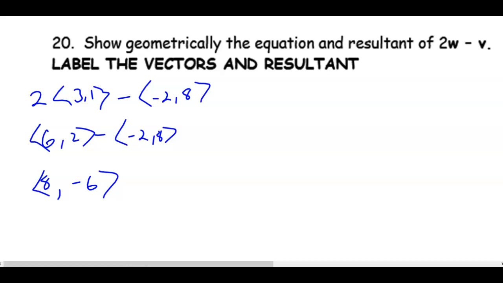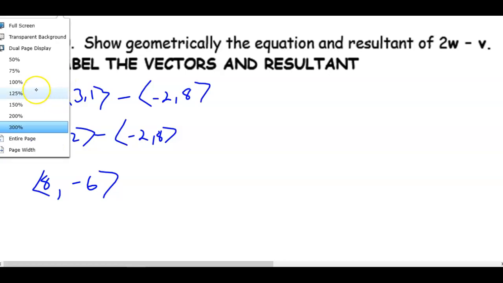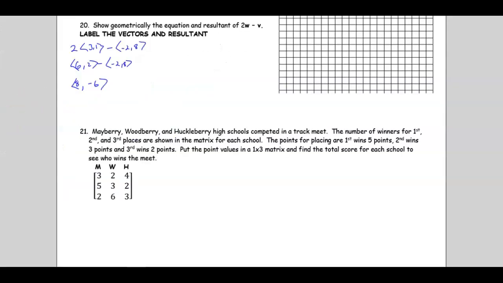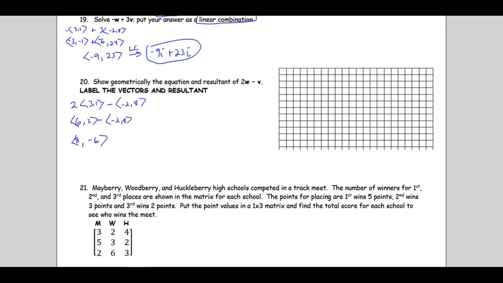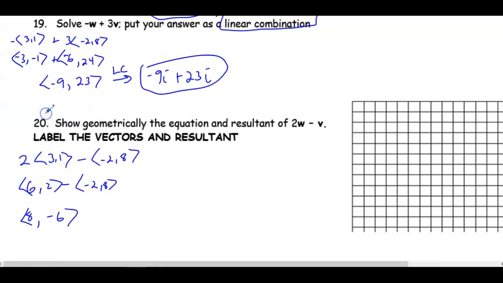Okay, so let's do this real quick. Not that small, buddy. Alright, I'm gonna start right here. Oh, excuse me. So W was 3, 1. So I'm gonna start here. So I'm gonna go right 3, 1, 2, 3, up 1, right there, right?